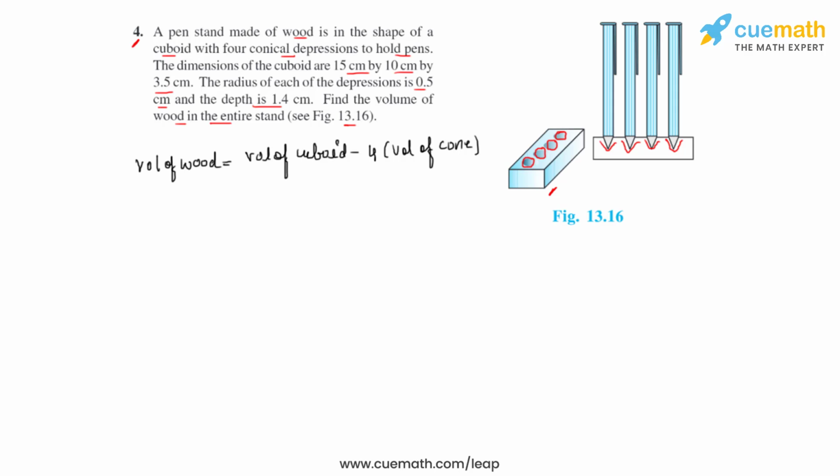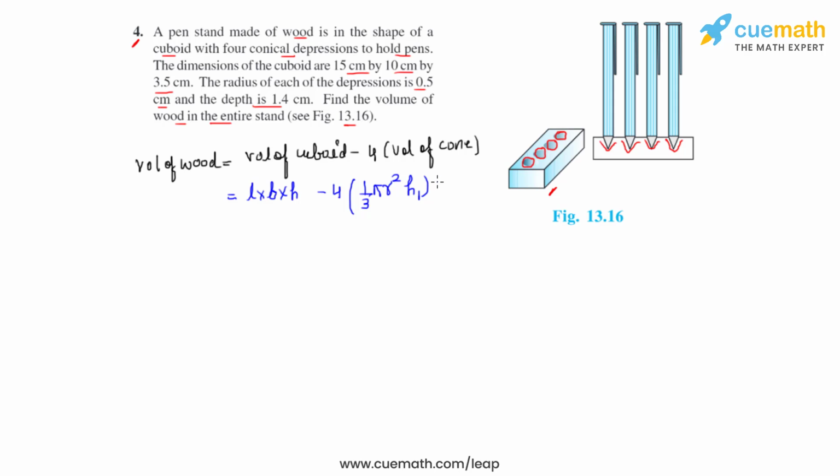It's very easy to find the volume of the cuboid with the formula L times B times H, and the volume of a cone can be found with the formula 1 by 3 pi r square h1. We take the height for the cone as h1 because the height of the cuboid and the height of the conical depression will not be the same. And when it's multiplied with 4, we get the total volume of the 4 conical depressions.